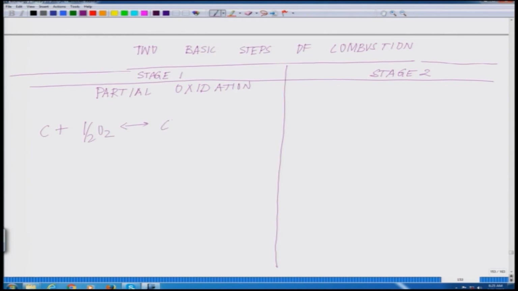Most of the time, in the lack of oxygen, what you get is carbon monoxide. If you look at the heat of the reaction, ΔH, where Rx stands for reaction, it could be positive if it is an endothermic process where you are absorbing heat, and negative if it is an exothermic process where you are generating heat.